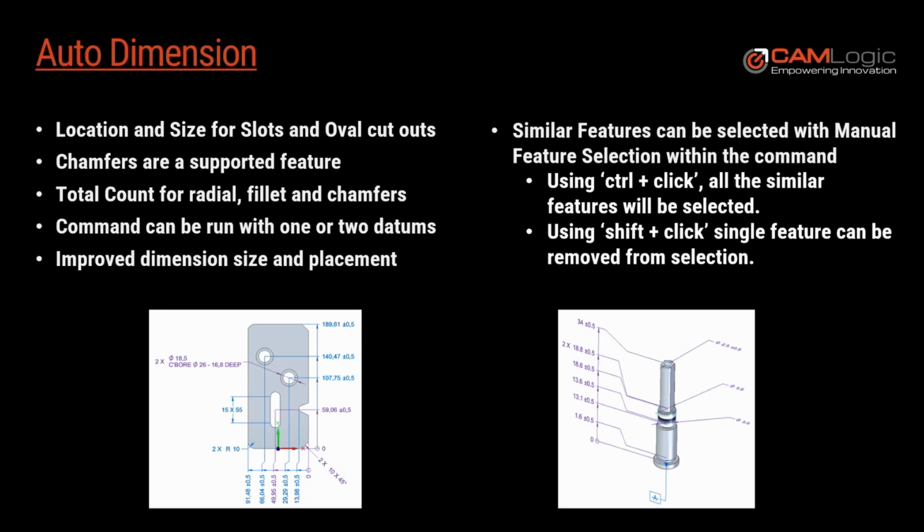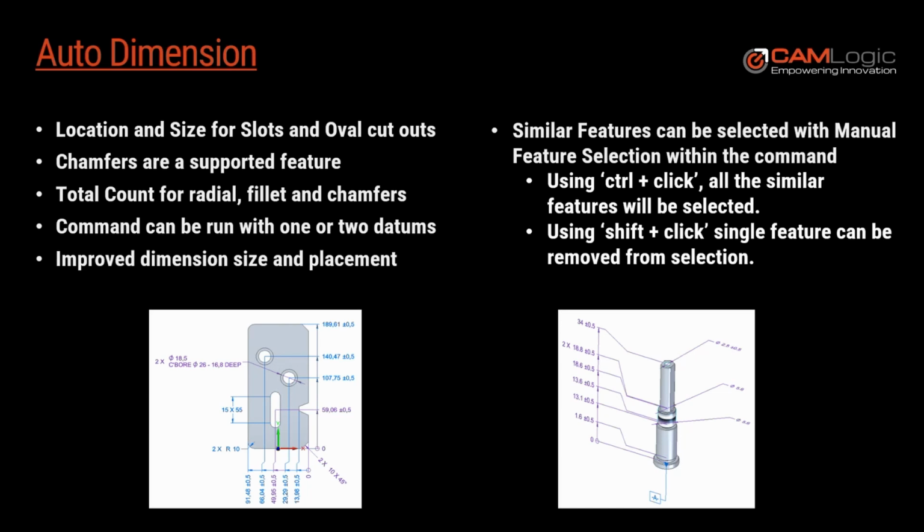Some of the changes there: first, with auto dimension, they added some support for both ovals and oval shape cutouts as well as slots. So the auto dimension command will locate both of those and add location dimensions on them. It also has a total count for radial, fillet, and chamfers.